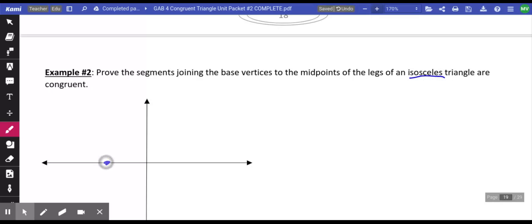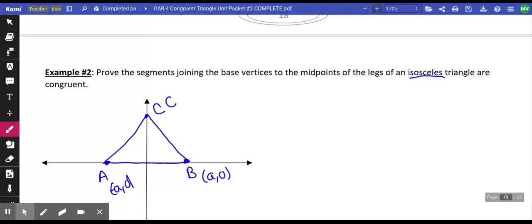How I like to do an isosceles triangle is so that the middle is on the origin. So I'm going to have A, B, C. A is going to be at negative A, 0. B is at A, 0. And C is at 0, comma B.